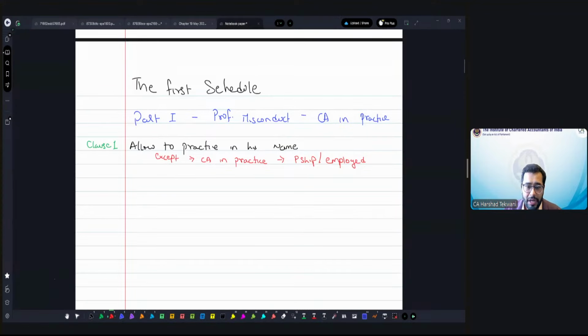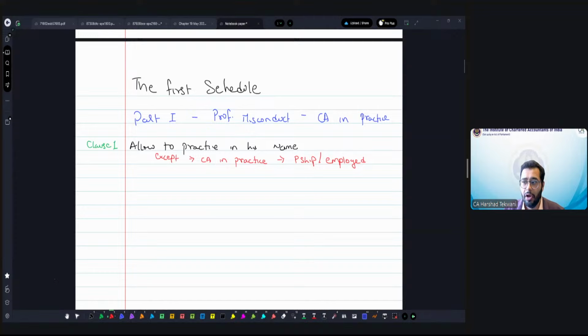Now the question comes: let's say there is a chartered accountant who is not in practice, who wants to do work in the name of my firm. Can he do it? If he is only a CA, not a CA in practice, can he do work in the name of my firm?